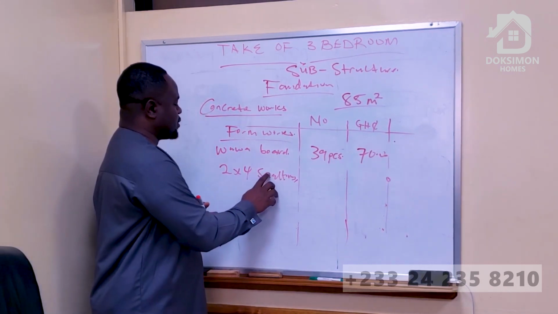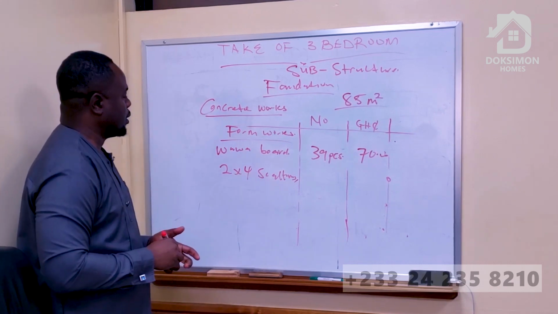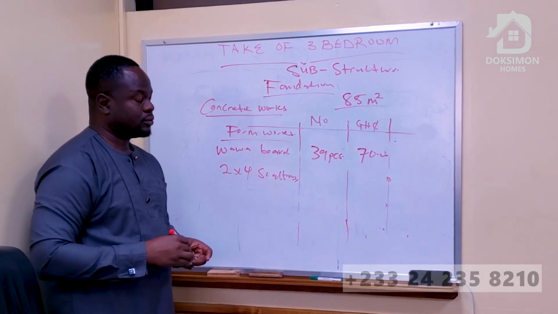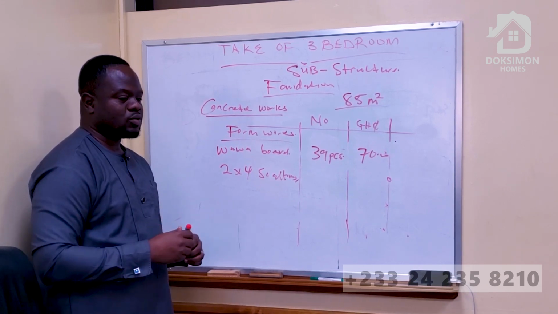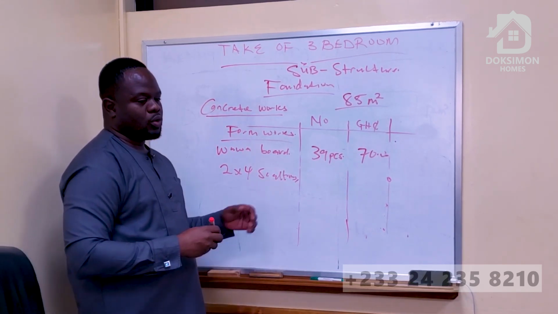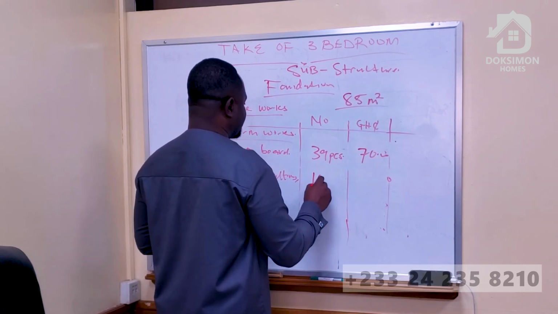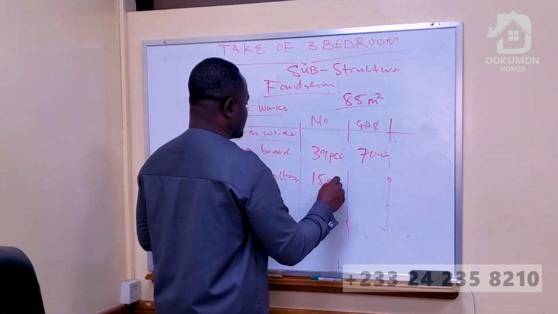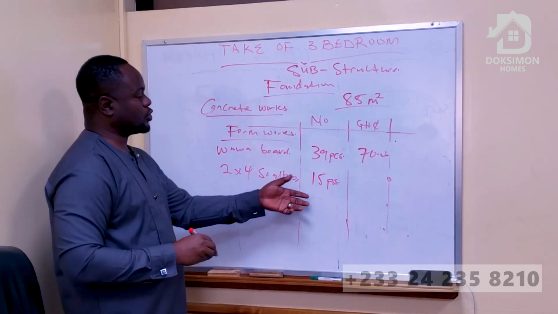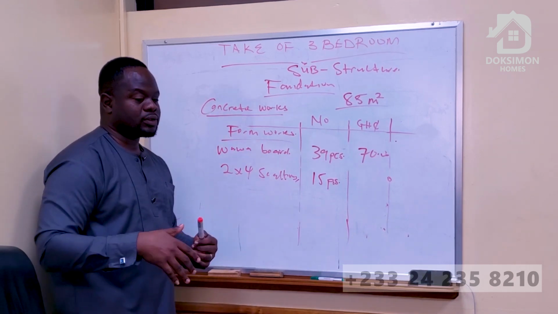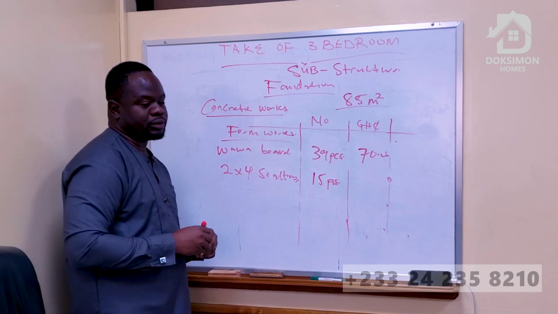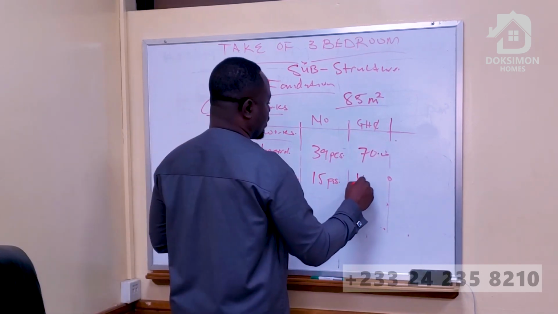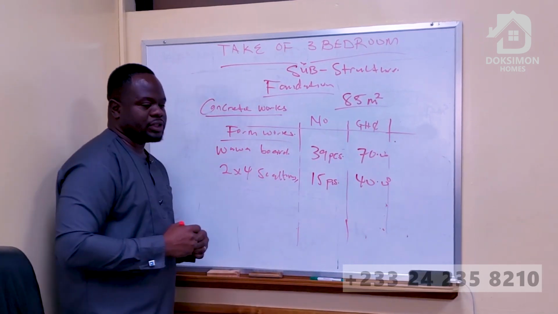These are terms used in our industry. 2x4 scouting, that's small wood or special woods that are used. We will need just 15 pieces. This would help support the Wawa boards within the foundation so that they stick in position. And one is 40 Ghana cedis.